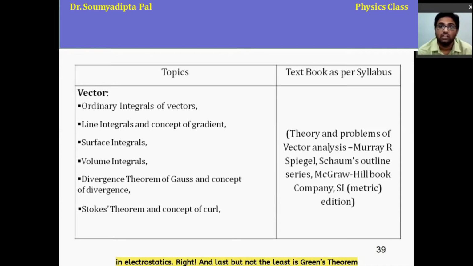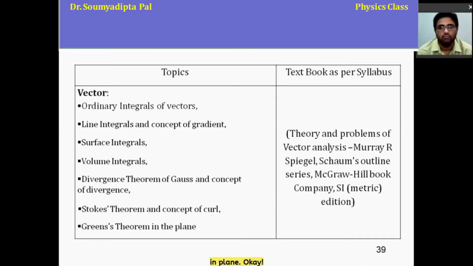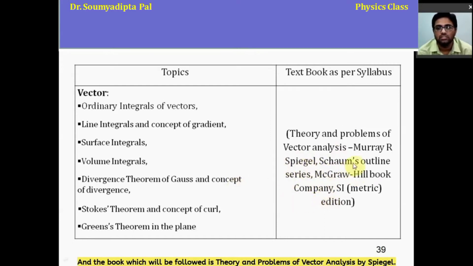And last but not the least is Green's theorem in plane. And the book which will be followed is Theory and Problems of Vector Analysis by Spiegel.